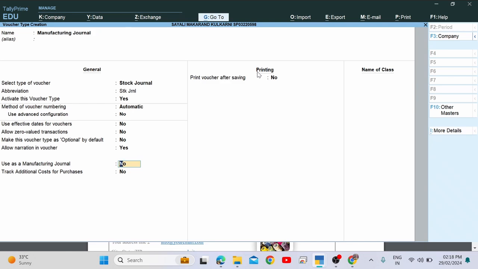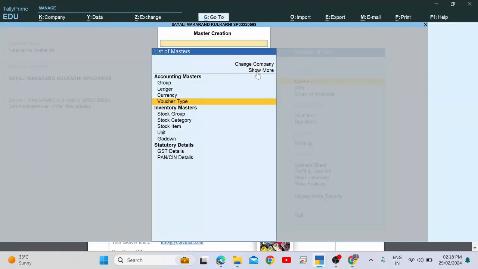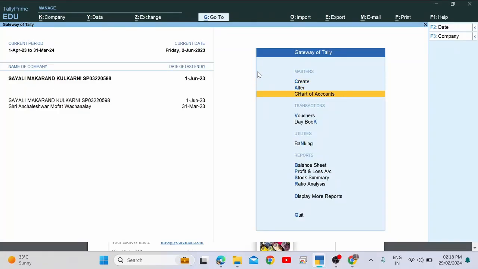But we want to use stock journal as a manufacturing journal. Therefore, you have to say yes here. Use as a manufacturing journal, this is important. Then only you can produce with the help of Tally, then only you can pass the entry of bill of material automatically in Tally. For automation we have said yes there.